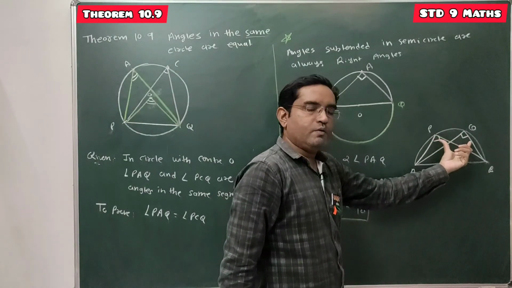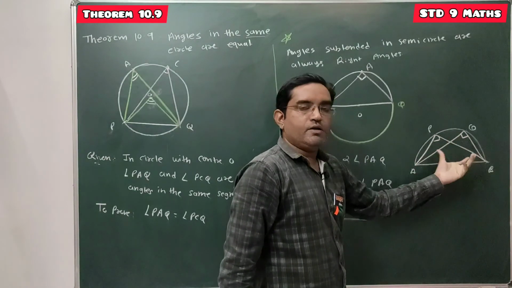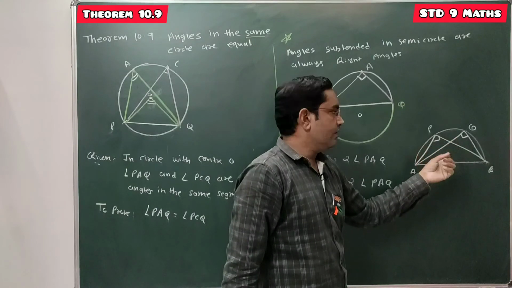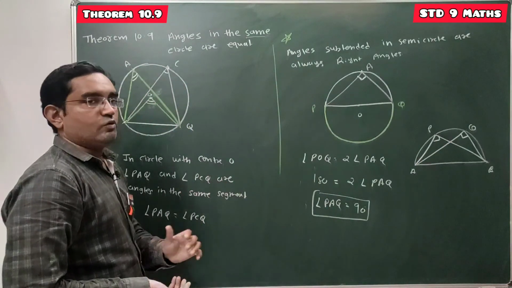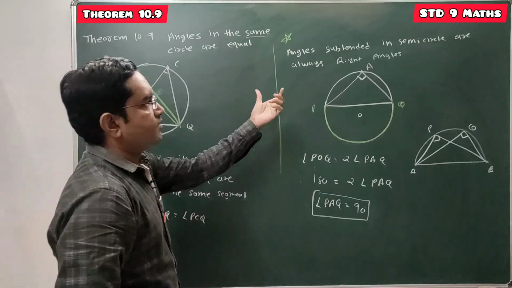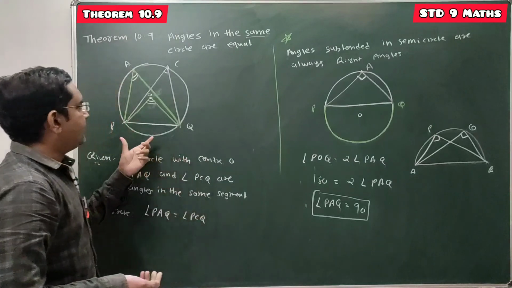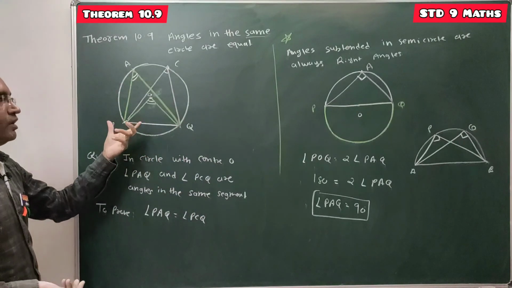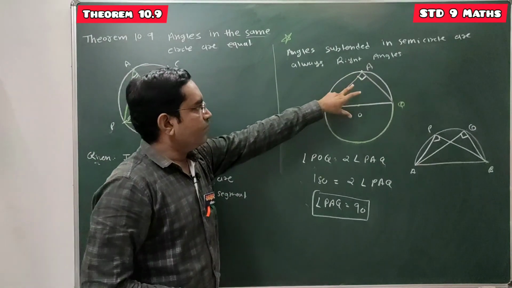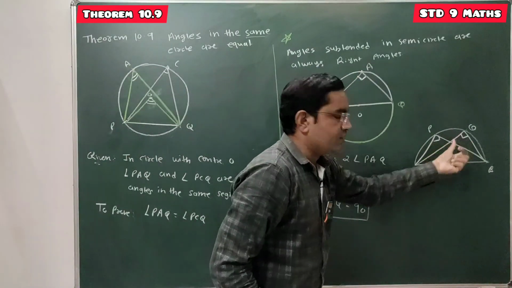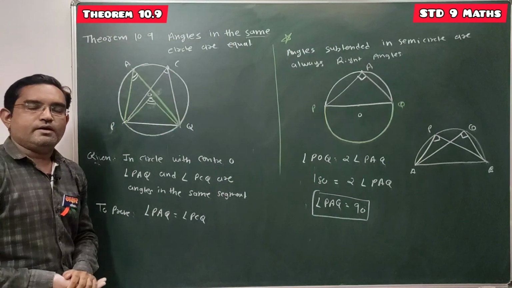So these two angles are equal, and both are equal to 90 degrees as they are in a semicircular region. Clear? So an angle subtended in any semicircular region is always 90 degrees. Angles subtended in a semicircle are always right angles. Angles subtended in the same segment are always equal. And if that segment is a semicircle, both angles are equal as well as 90 degrees. Clear, students? Pause the video and note it down.